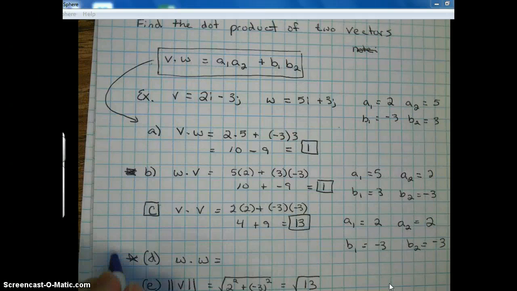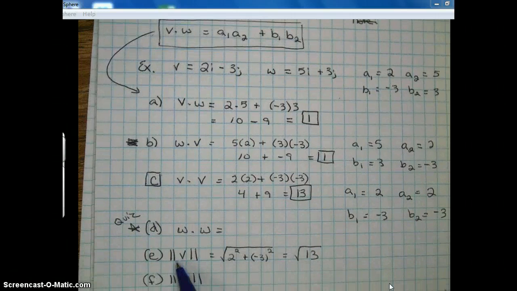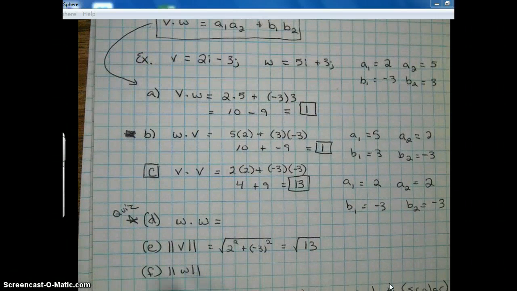Okay, quiz question. The magnitude of vector v, we use that formula that we learned in the last section, the square root of a1 squared plus b1 squared, and that's going to be equal to the square root of 13, the magnitude of vector v. Okay, again, another possible quiz question.